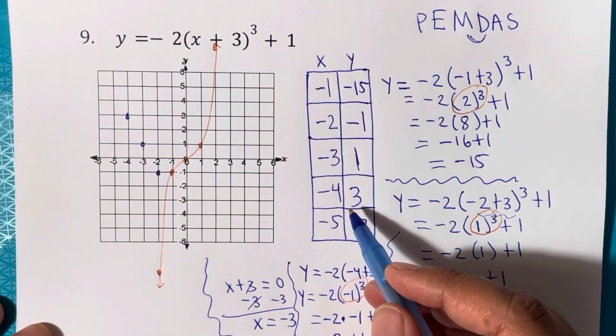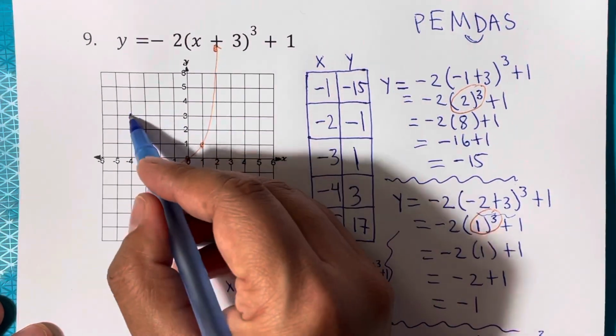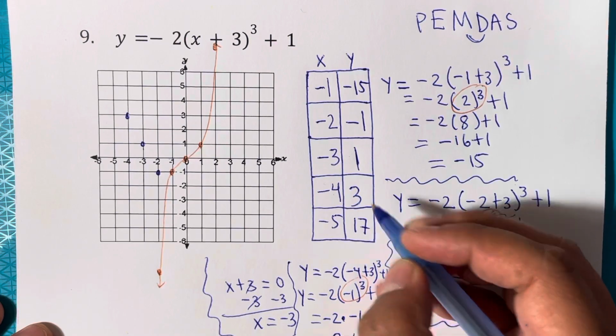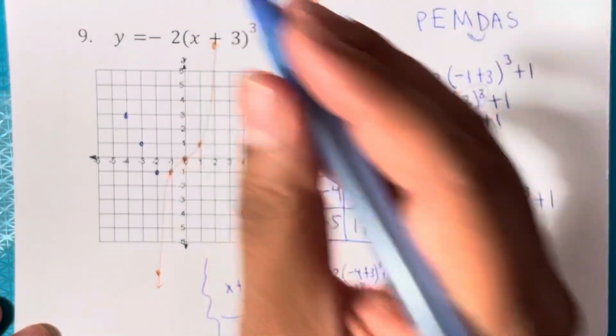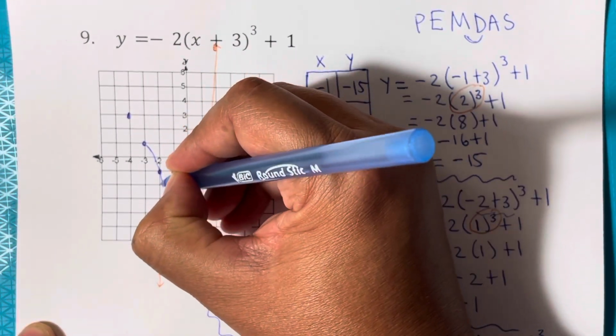And -5, positive 17, we cannot even see. So our graph goes something like this.